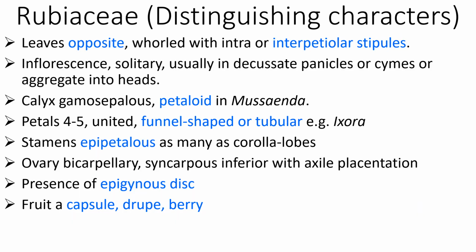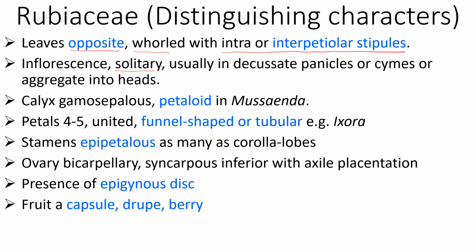The distinguishing characteristic features of family Rubiaceae are as follows. The leaves are opposite or whorled, and the very specific key characteristic of this family is the presence of intra or interpetiolar stipule.